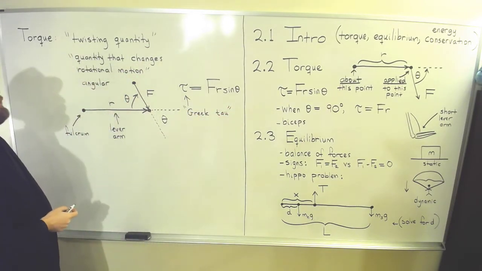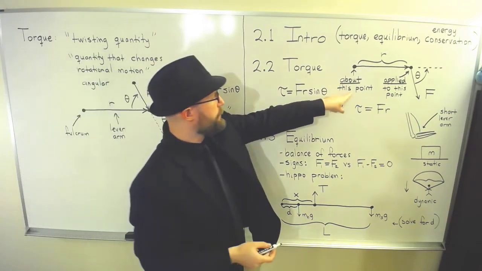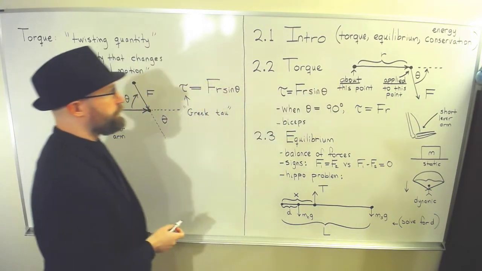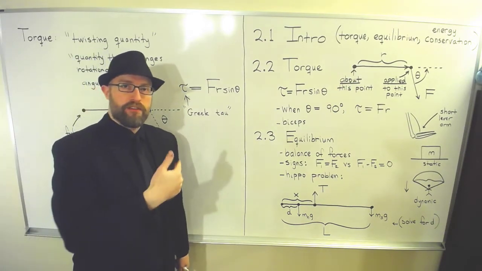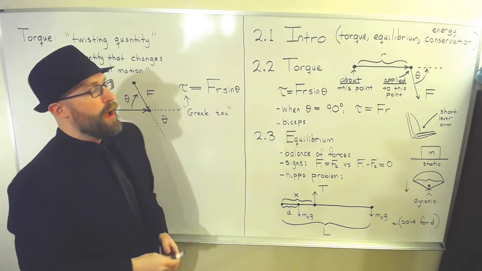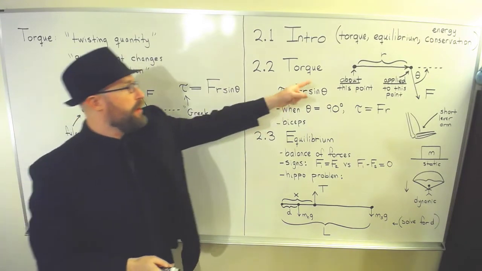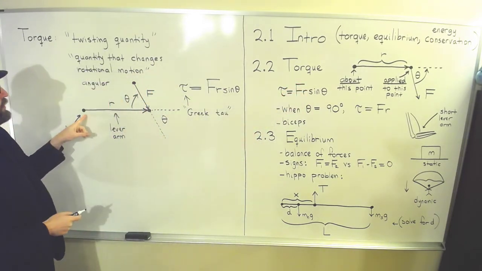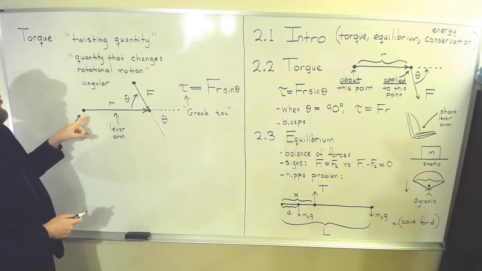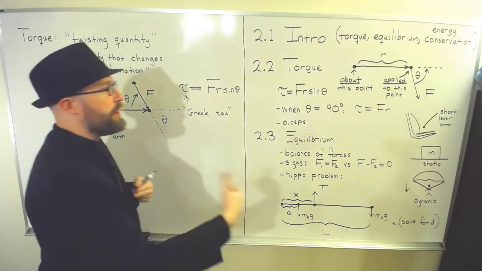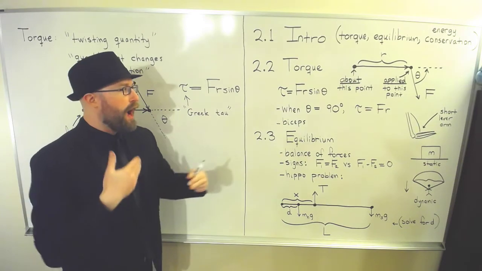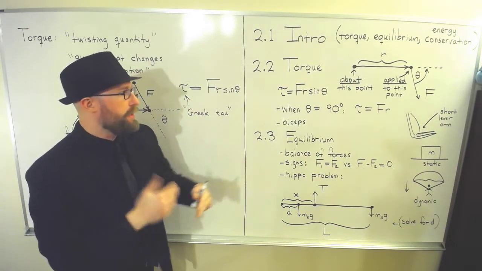Now, one more thing I want to point out, and I've emphasized it in this diagram here, is that in order to make a meaningful statement about torque, you have to specify what the fulcrum is. It's not just that there's a certain amount of torque and that's all there is to it. It's a torque about a certain point.